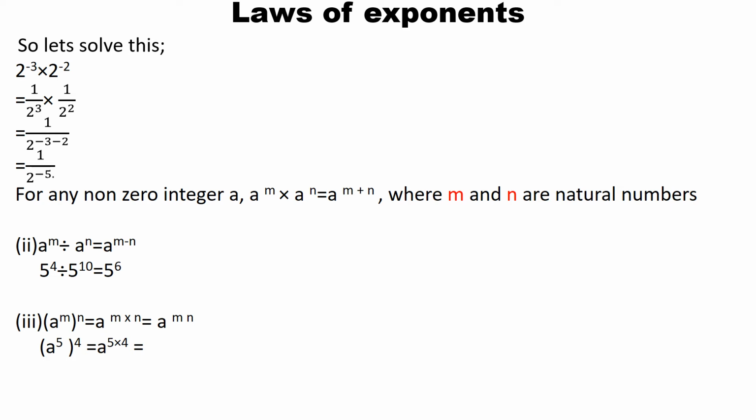Let me give an example: (a^5)^4, so we get a^20. This is the formula: (a^m)^n is equal to a^(m into n), which is a^(mn). Here m and n are integers.